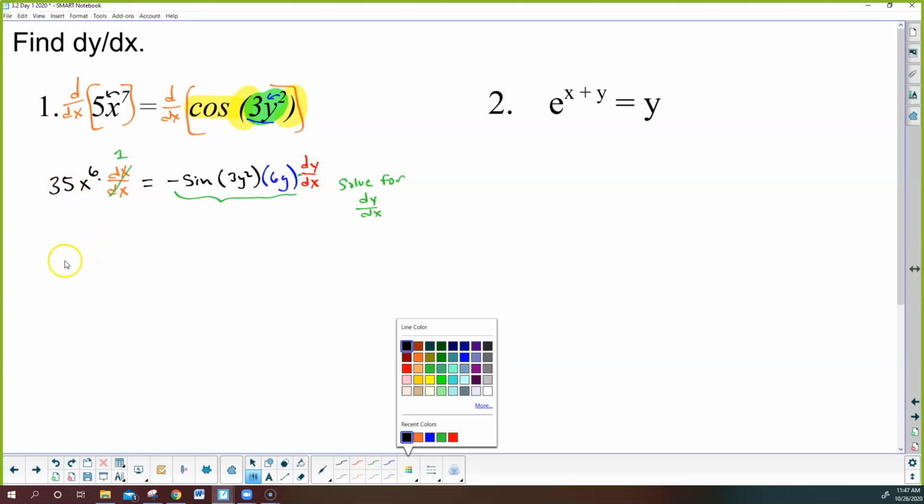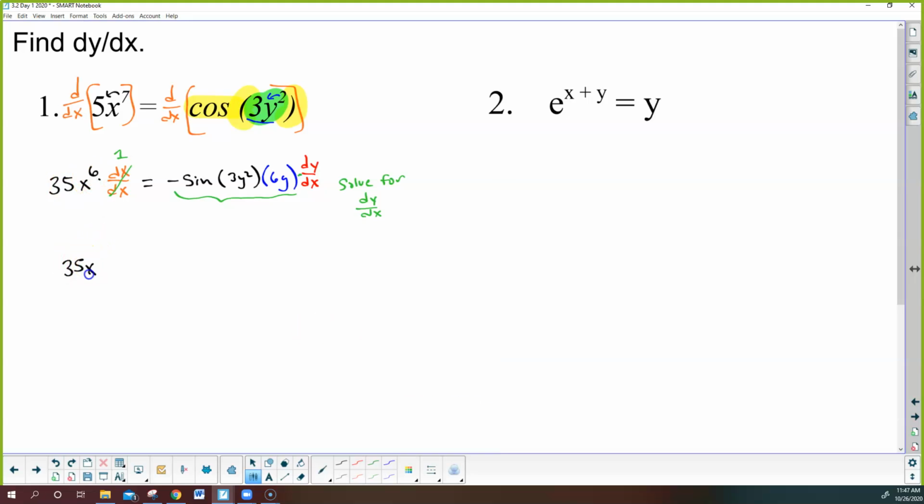Okay, so what's left over is 35x to the 6th on top, and then I'm going to divide by this whole piece. Minus sine 3y squared. And you could write the 6, they actually might.